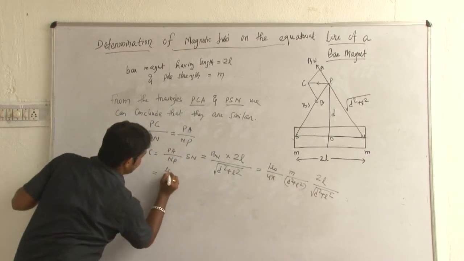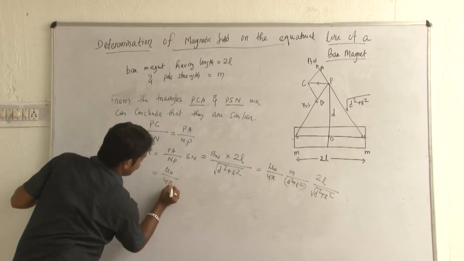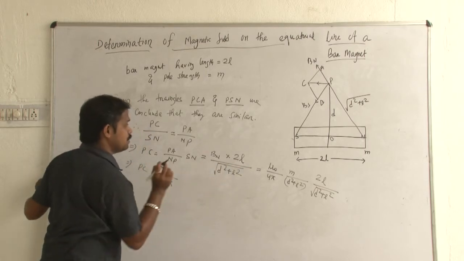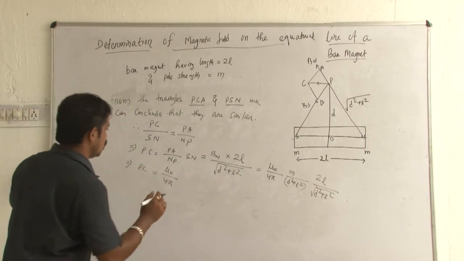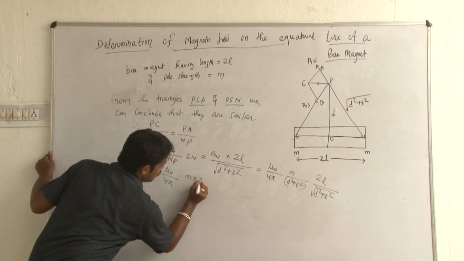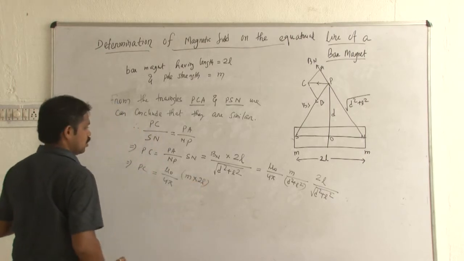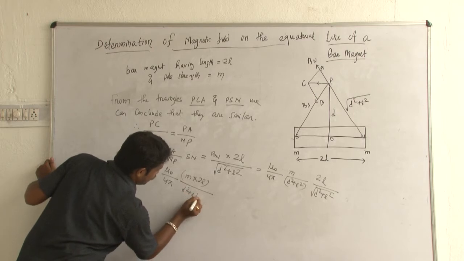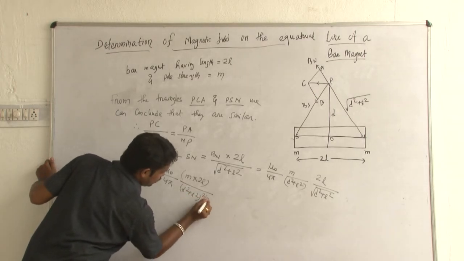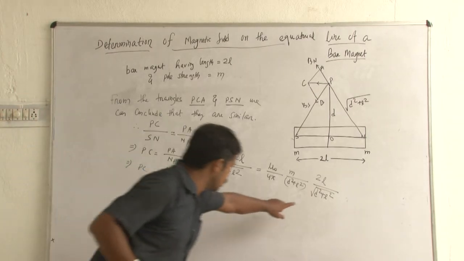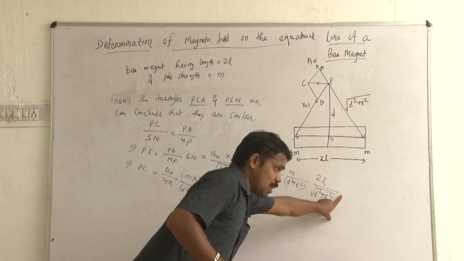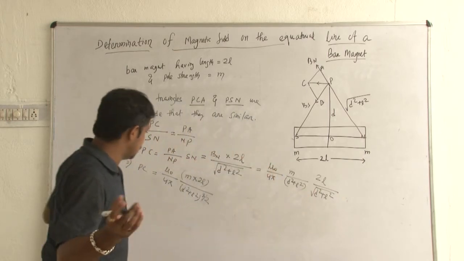So I can write mu 0 by 4 pi, so m into 2l. What is m into 2l? This is m into 2l. Okay, and divided by, I can write, d square plus l square to the power 3 by 2. 3 by 2 means, look at here, this root over can be written as power of 1 by 2 and this is 1, so this is 3 by 2.